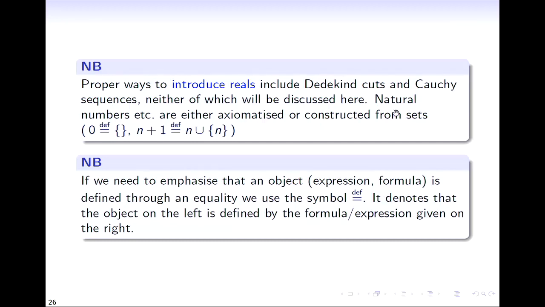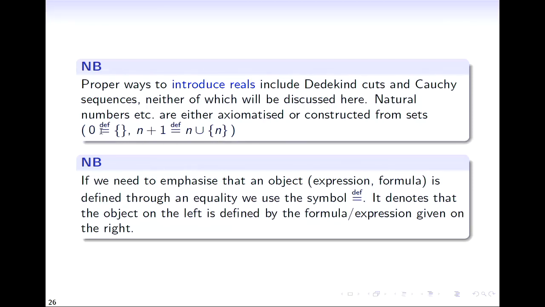Sometimes mathematicians would even define natural numbers with a pure logical axiomatization, where they say the number 0 corresponds to the empty set. Any number n plus 1 corresponds to whatever n corresponds to. At the beginning, the empty set, union the set that contains n.